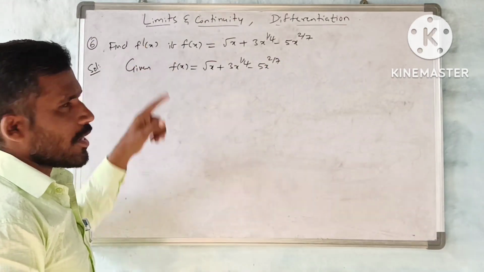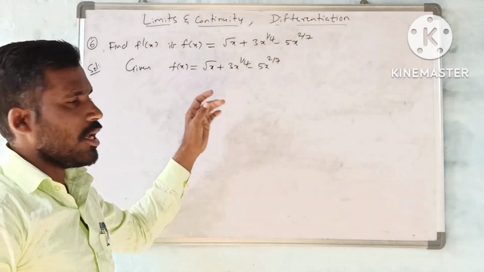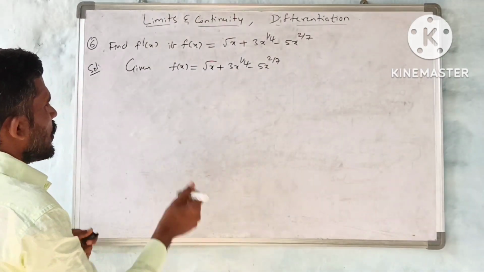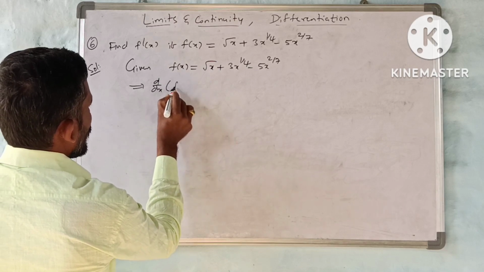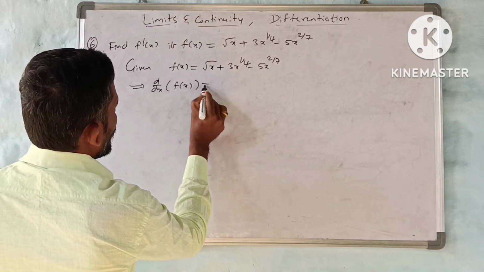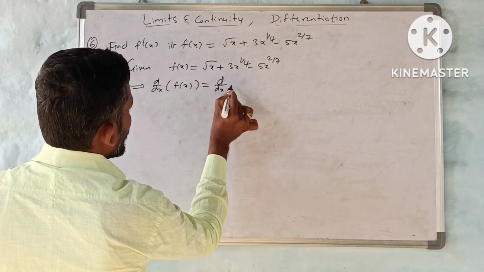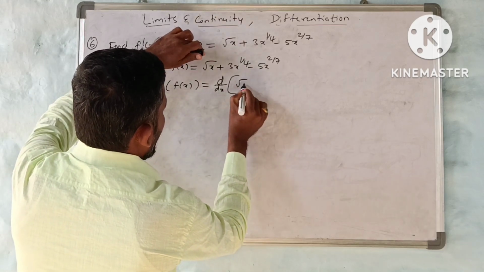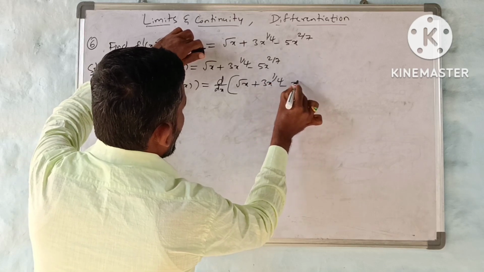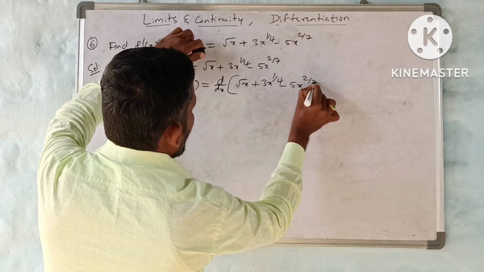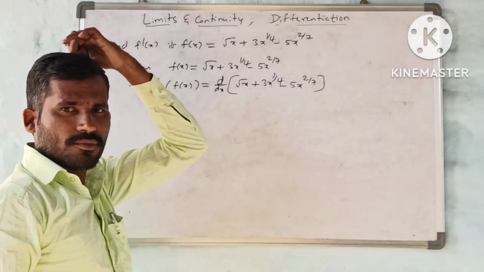What do you want here? f dash x. To find f dash x, I am differentiating both sides for the given one. So d by dx of f of x equals d by dx of the whole given expression, root x plus 3x power 1 by 4 minus 5x power 2 by 7.